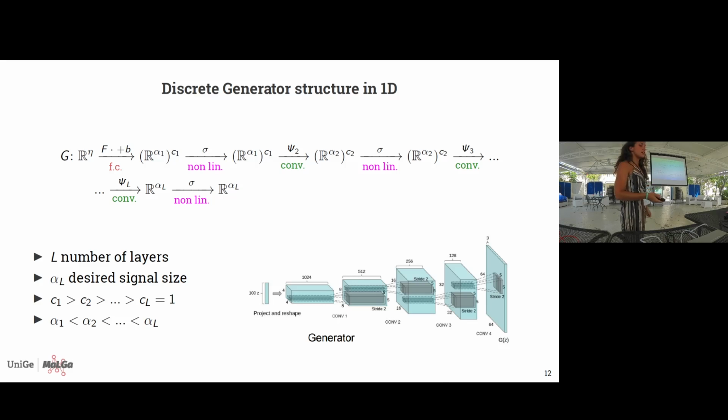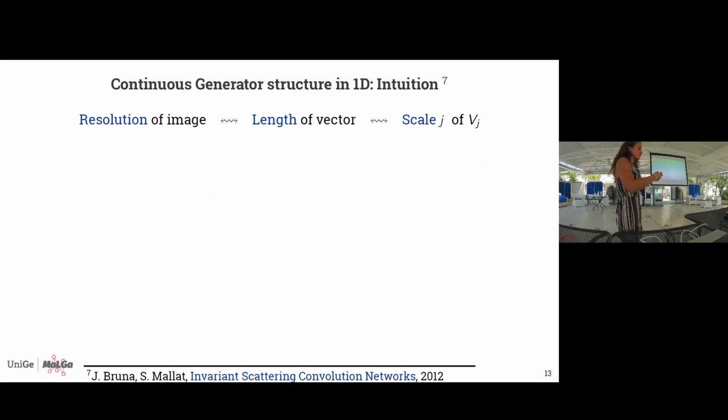In the continuous case, the idea is quite the same, in the sense that we relate the length of the vector with the scale j of our scaling spaces.